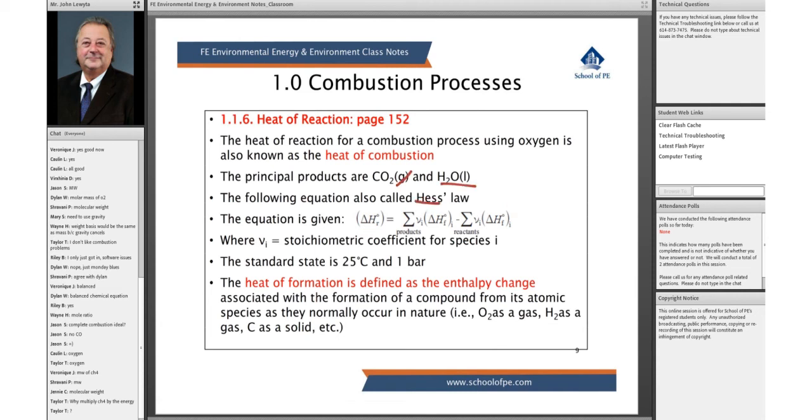It's also known under Hess's law, and that's what this equation is here. If you total up all the products, and this individual stoichiometric coefficient is essentially the amount of moles. And this HF is your enthalpies of the different components.